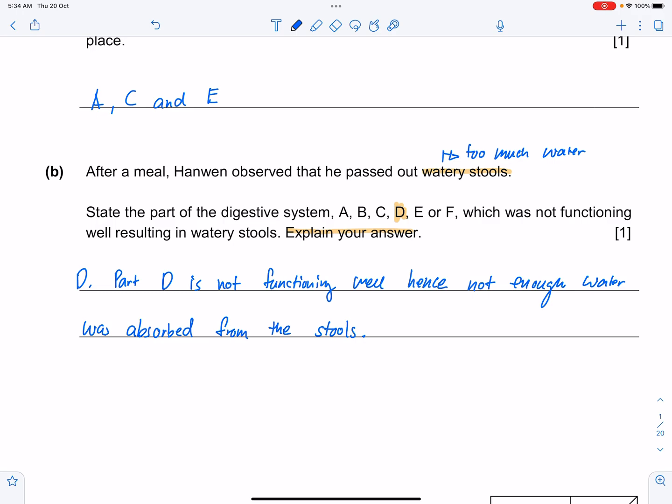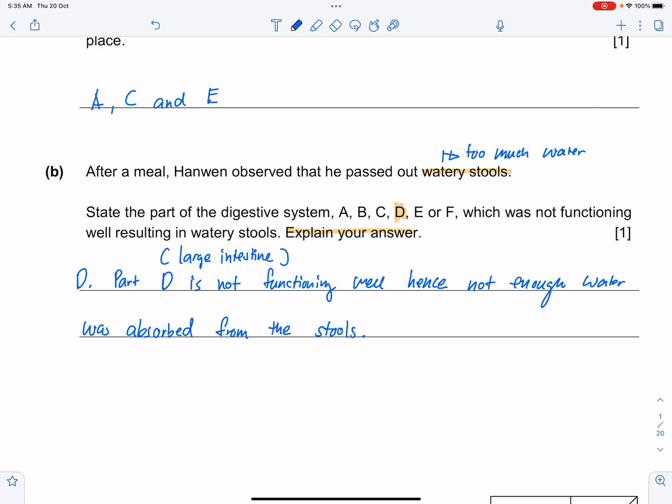Now if you are very confident in your answers, you can actually identify what part is D. So you can do a bracket large intestine. This would just help to make your answer more complete, right?